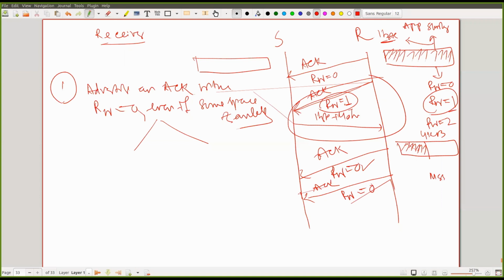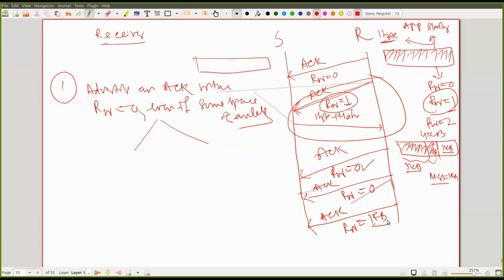If the application layer keeps consuming the data, a time will come when 1 KB of space is available and 3 KB of data is still there. At that point of time, I should not advertise an ACK with a receive window of 0, rather we should advertise a receive window of 1 KB.